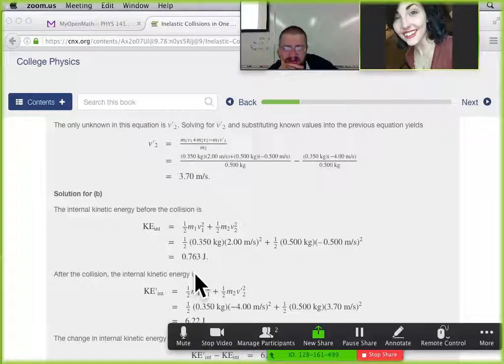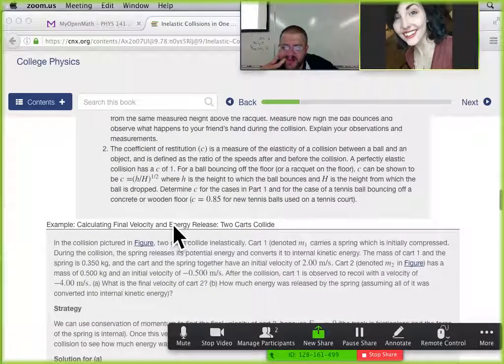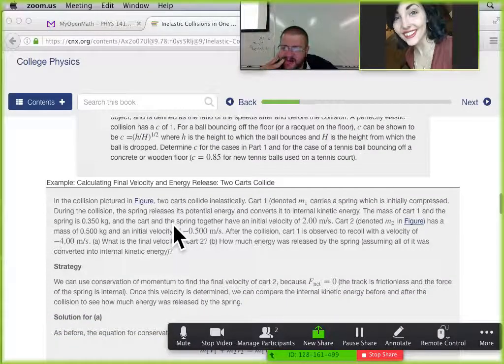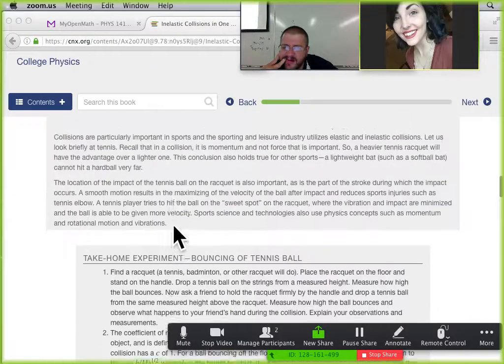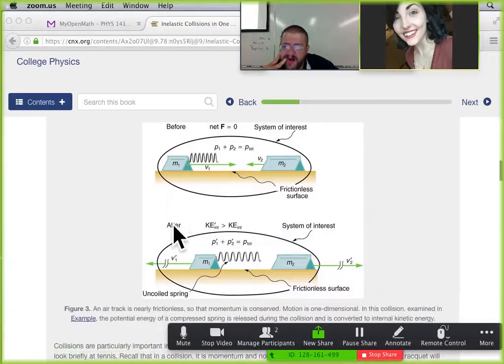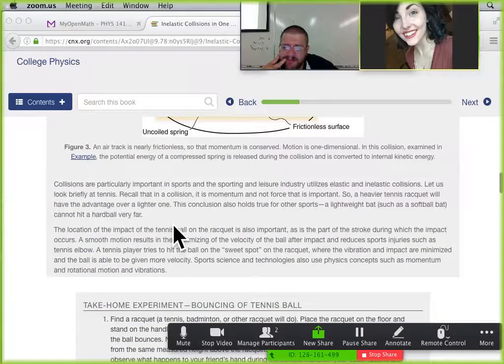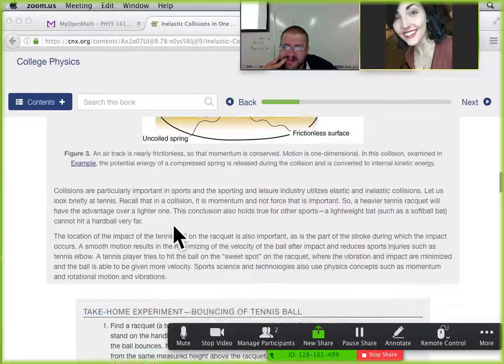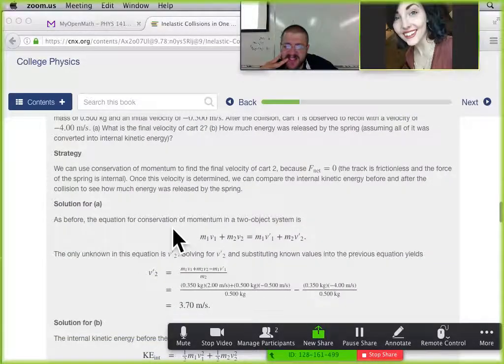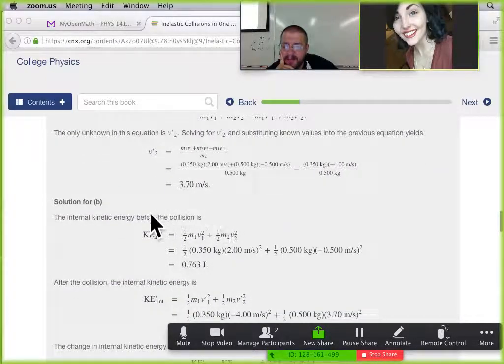Let's see. So this is the internal kinetic energy before the collision. I don't get it. Oh, they both have an initial velocity. So the initial velocities, this is the initial velocity before the collision.